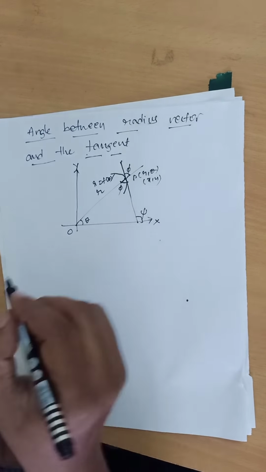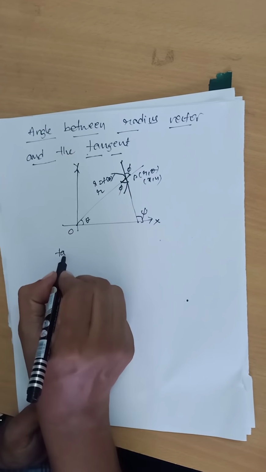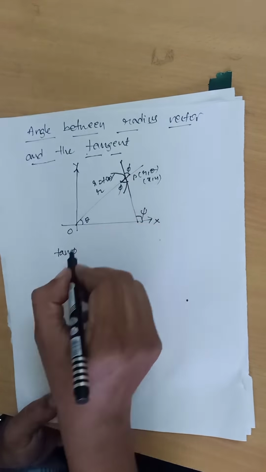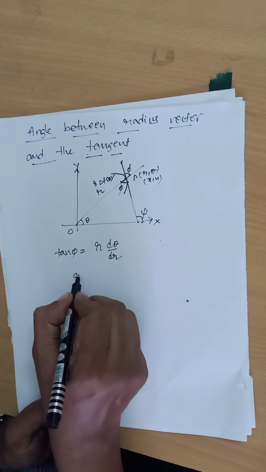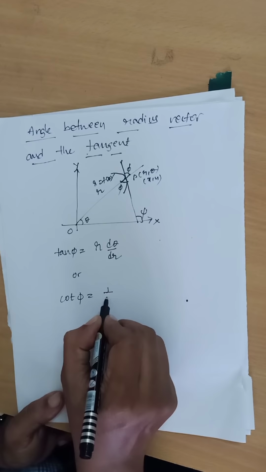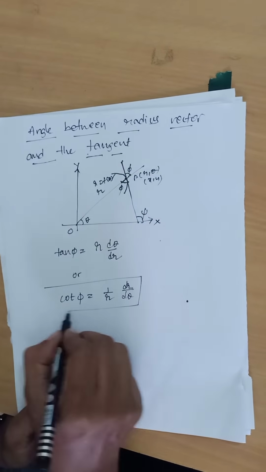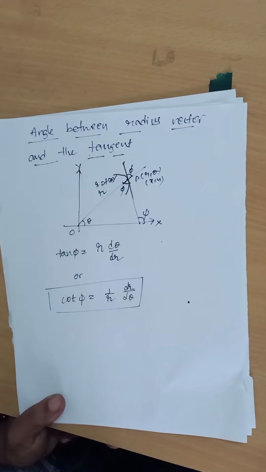We find phi. With the help of the derivation, we get tan phi is equal to r into d theta by dr, or cot phi is equal to 1 by r dr by d theta. Remember this formula.